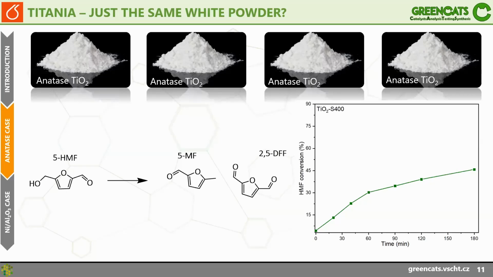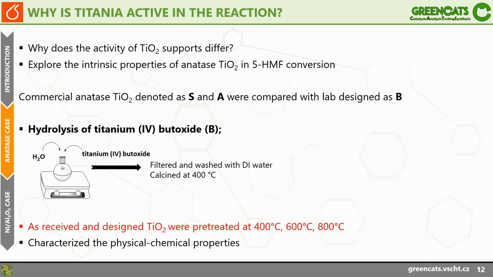So we did several investigations, and we looked specifically into the properties of these supports of different titania, and then also into their activity. First, we started with two samples of anatase. One is marked with S, because I think it came from sample A, so that's the name.